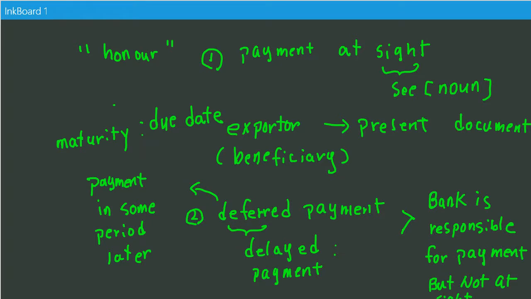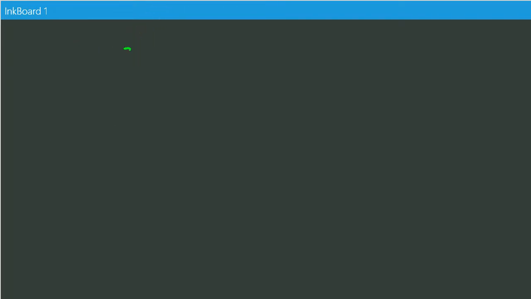I will give you explanations then. Number 3, payment after acceptance, is a deferred payment.